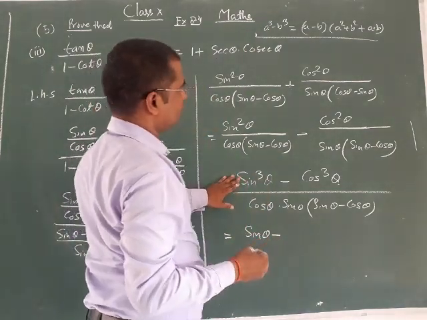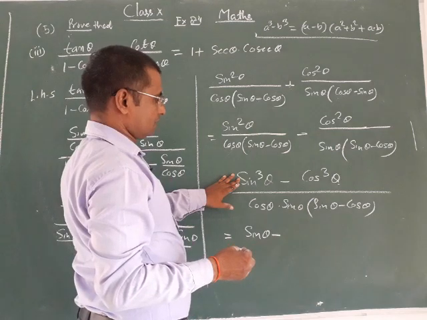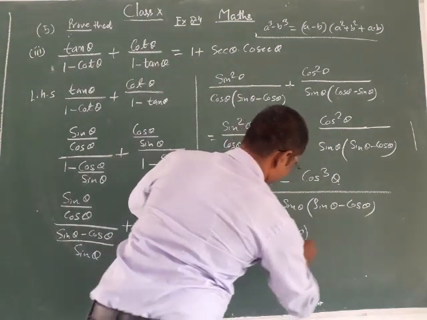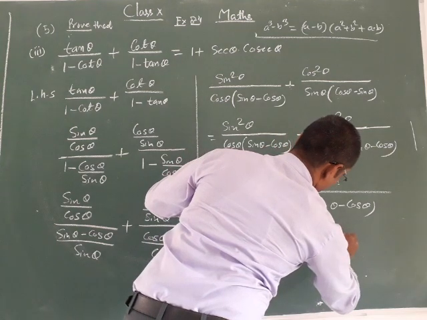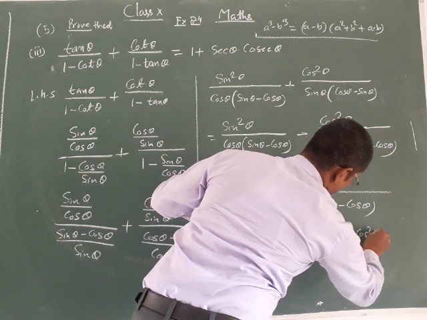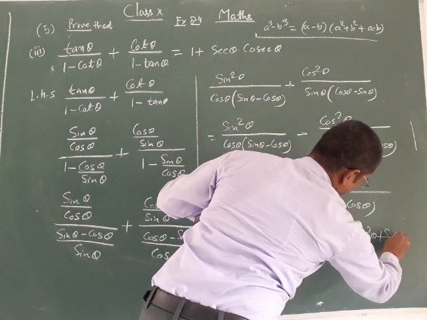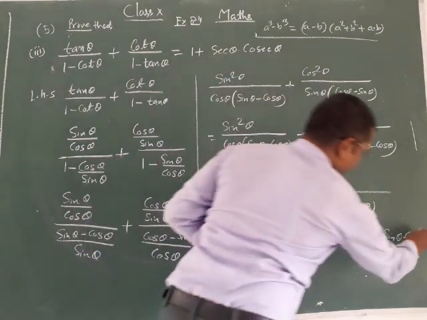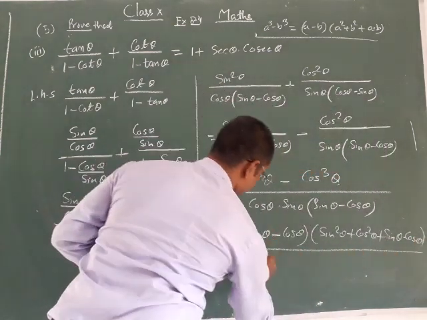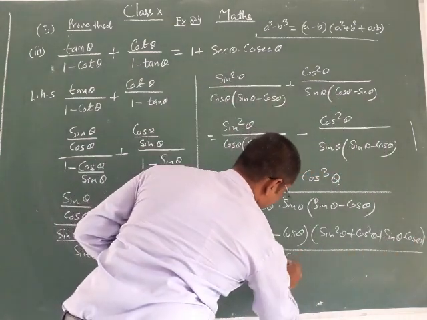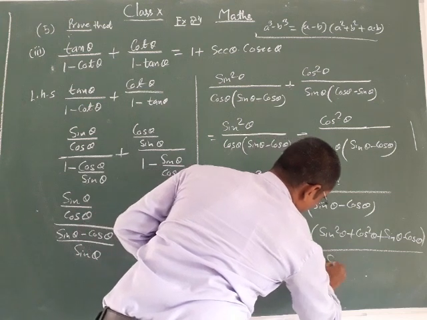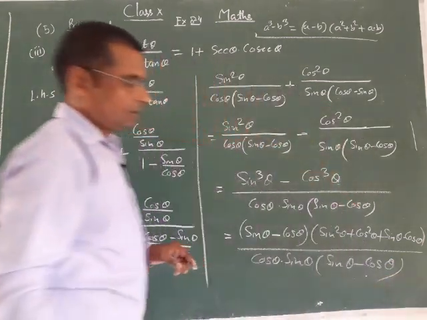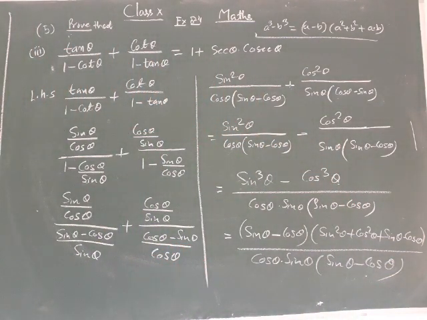So sin cube minus cos cube, a minus b, so (sin theta minus cos theta), and also (sin square theta plus cos square theta plus sin theta into cos theta), upon cos theta sin theta in bracket (sin theta minus cos theta).